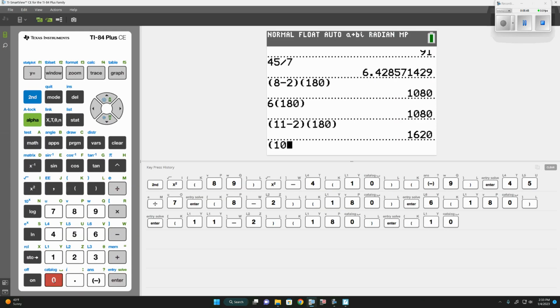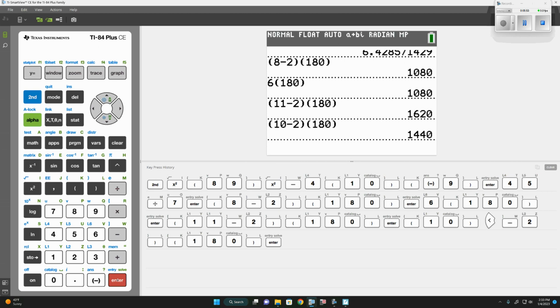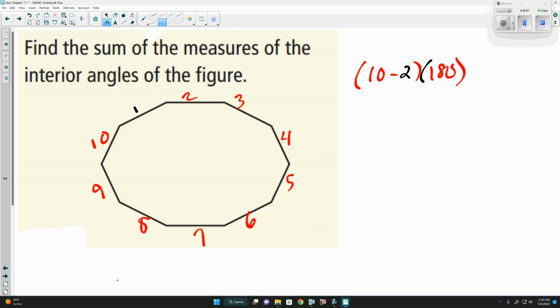Again, we can type it in the calculator. 10 minus 2 times 180 is 1440. So the sum of the interior angles for this here is 1,440. Questions on any of this here? Are you good with this so far?